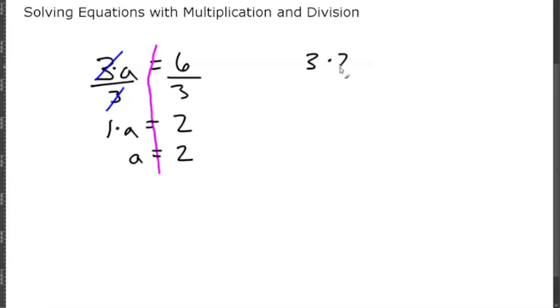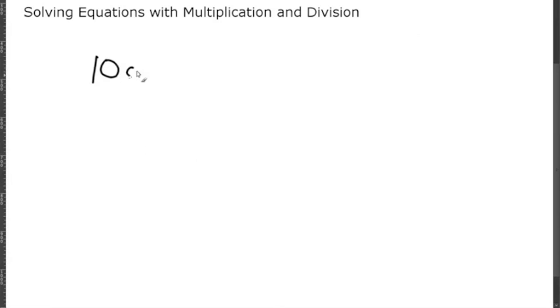3 times 2 equals what? 6. Say that I give you 10a equals 200. We need to get the a by itself, so what we're going to do is divide by 10. Since these are multiplied, we're going to divide to make that 10 a 1. Whatever we do to the left side, we have to do to the right side.